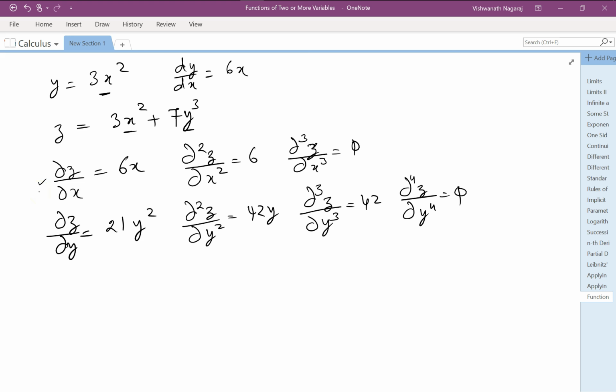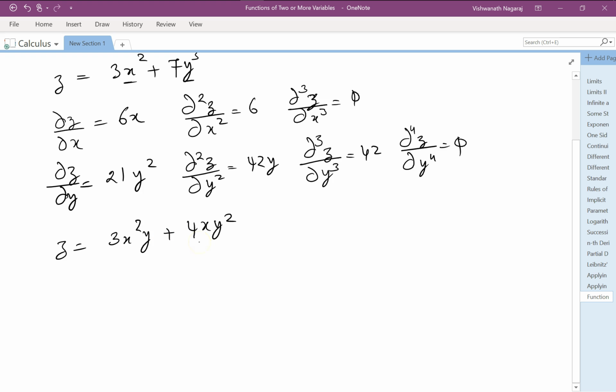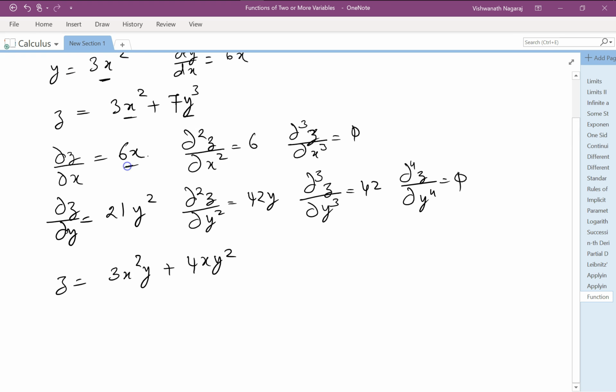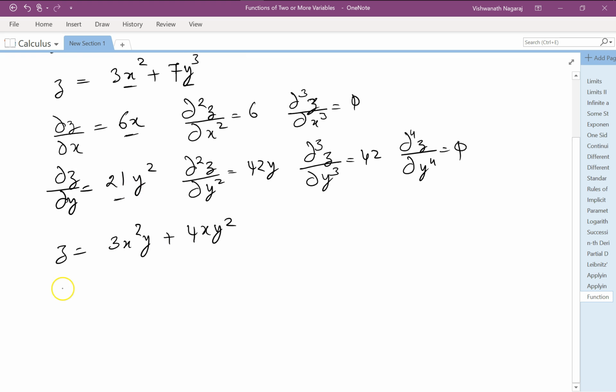It doesn't matter. But what if the function is something like this? Let's say z is equal to 3x squared y plus 4xy squared. Now here none of the terms disappears when we differentiate. In the earlier example y was disappearing in one term and x in the other. Here they will not disappear. Let's see.